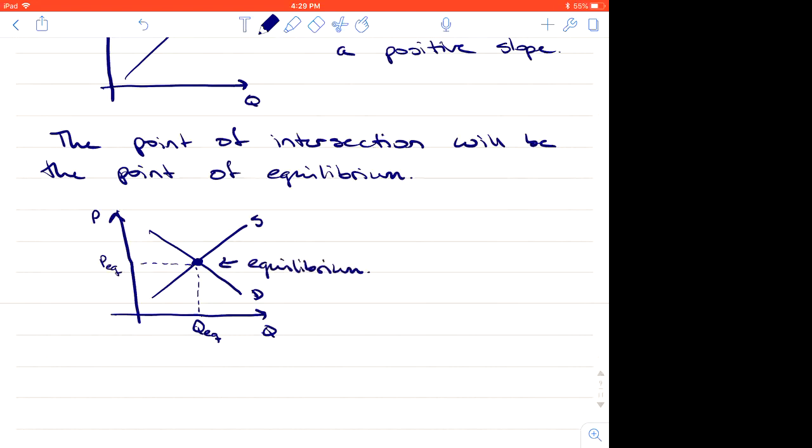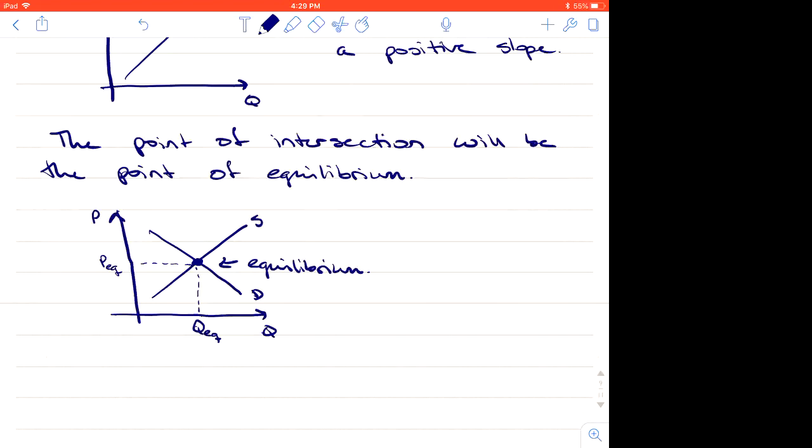So the supply and demand curves, they're straight lines. So they'll have linear equations, right? Linear functions. And so we can solve a system of those two equations to find the point of equilibrium.